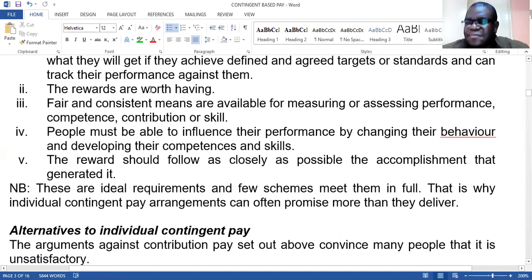Number two, the rewards that you want to offer should be worth having. That you want employees to put in that extra effort, they should value the rewards that you are rolling out sufficiently to want to put in that extra effort.